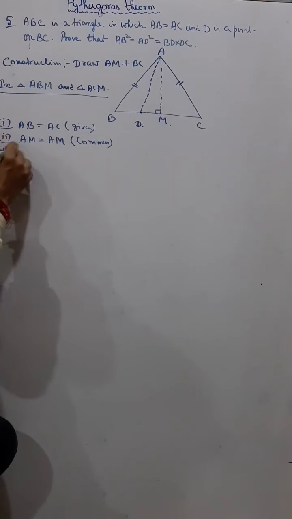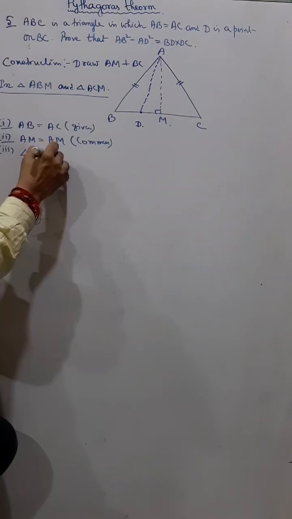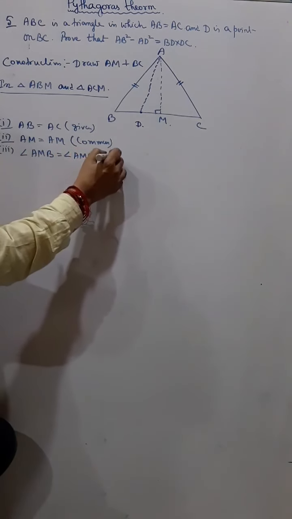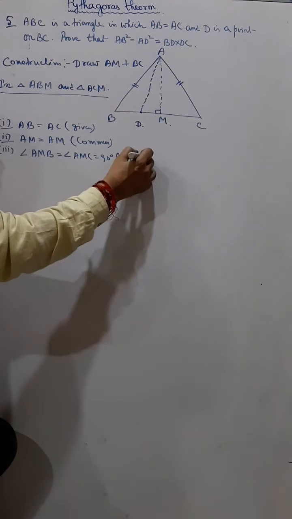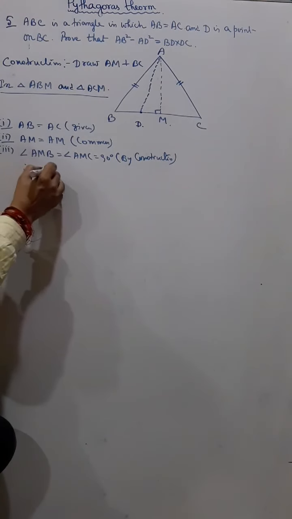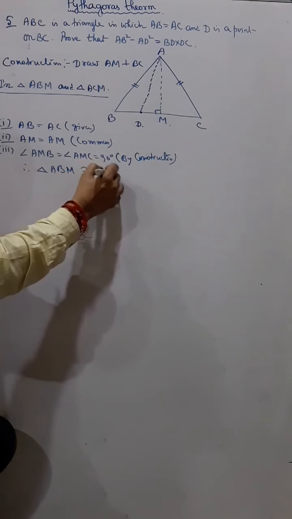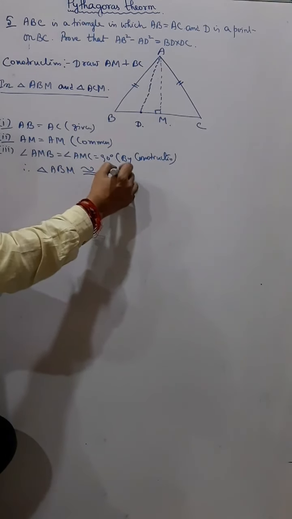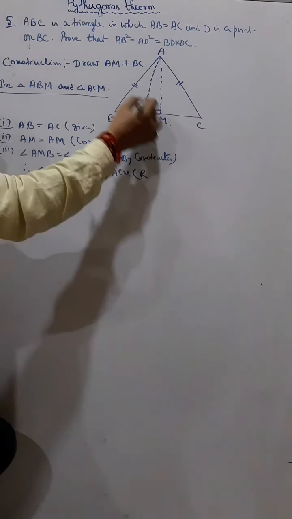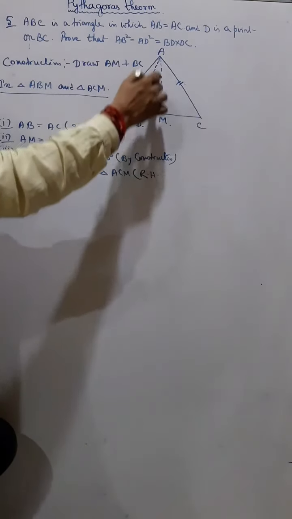And number three, angle AMB is equal to angle AMC is equal to 90 degree, that's by construction. So therefore we can say that triangle ABM is congruent to triangle ACM, and the criteria is right angle, hypotenuse, and one side, so that's the common side.